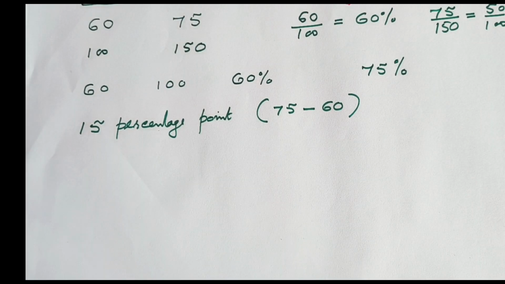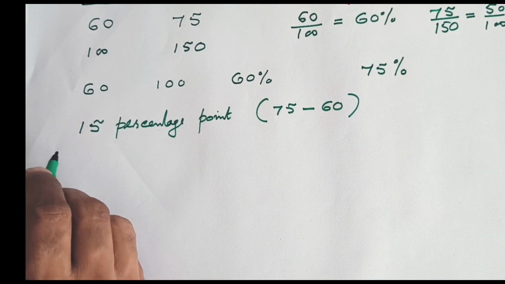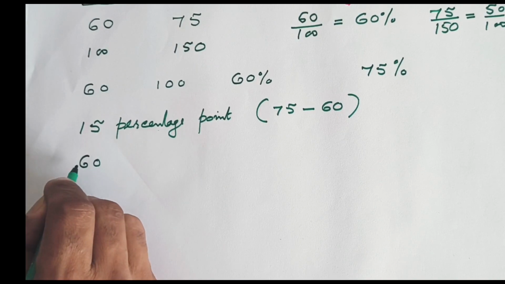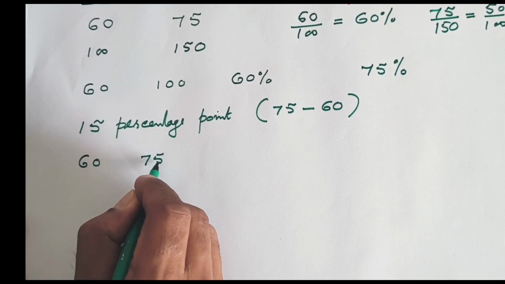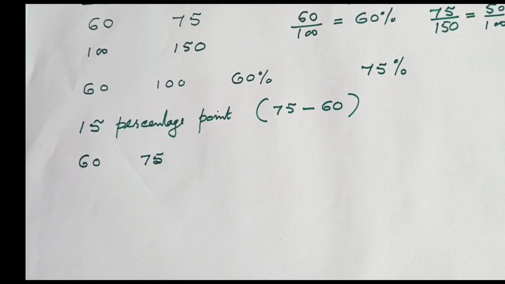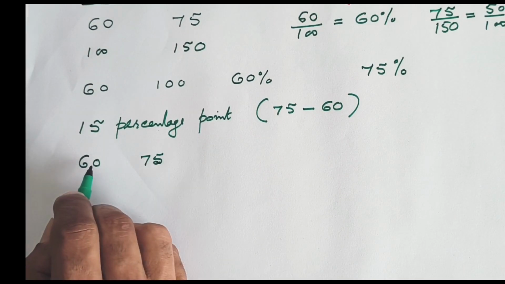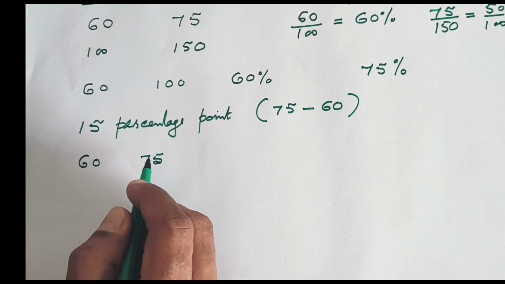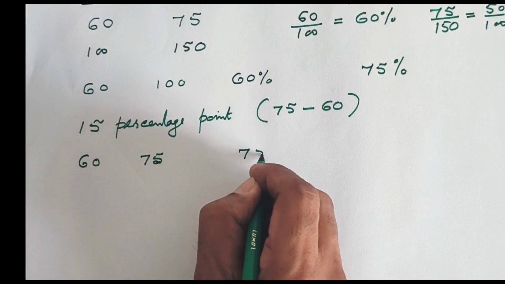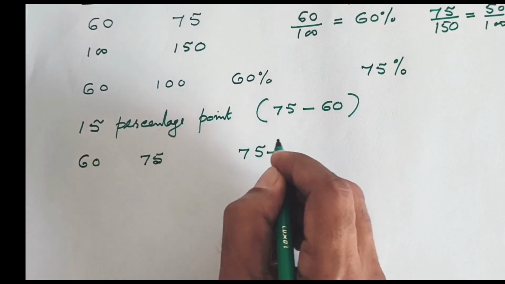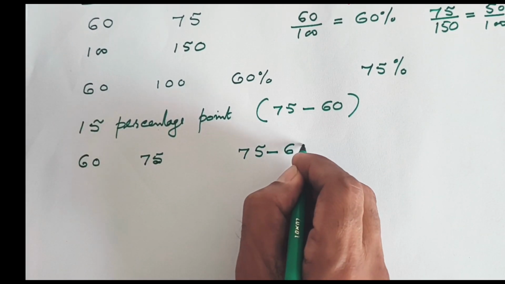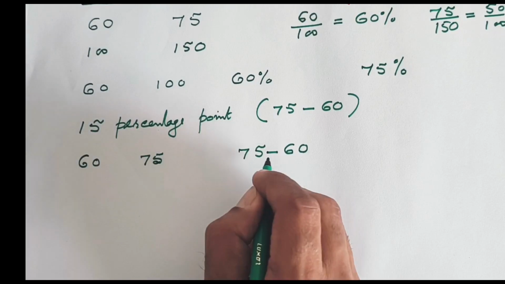Now the same improvement in his performance I'm going to show percentage wise. So what do you do for that? Initially his score was 60. Second time his score was 75. Both out of 100 of course. Now, to find out the percentage improvement in the score, this is what you do. You take the absolute difference between the two scores, which is 75 minus 60.